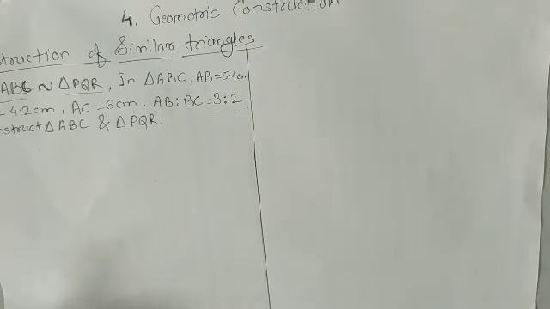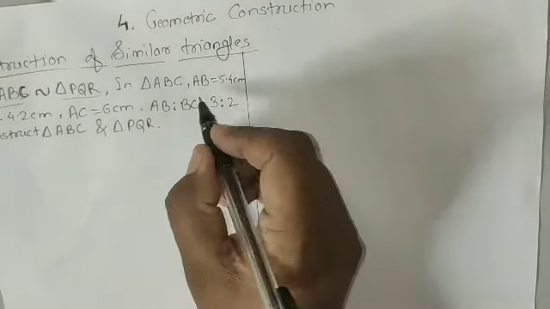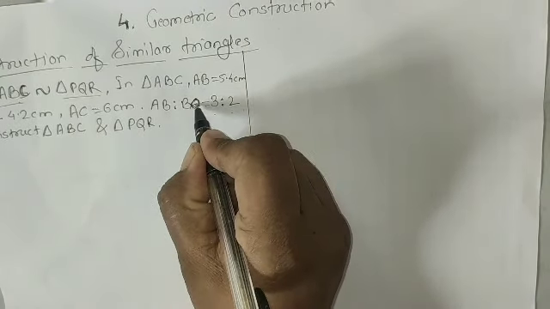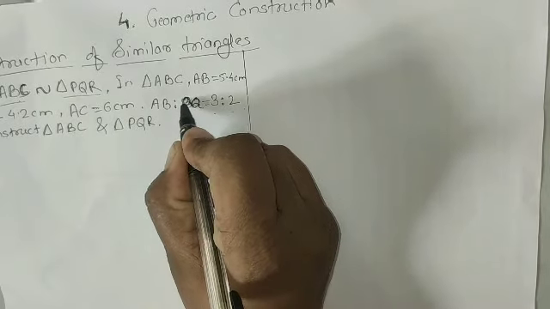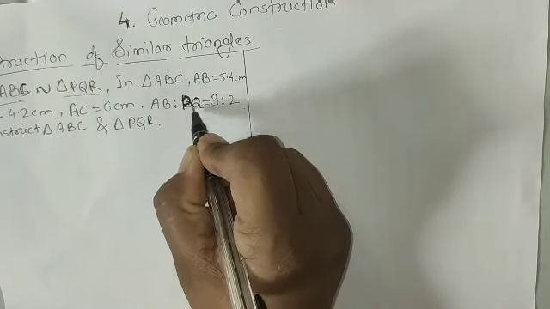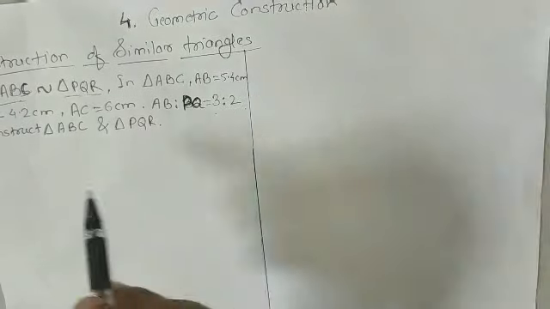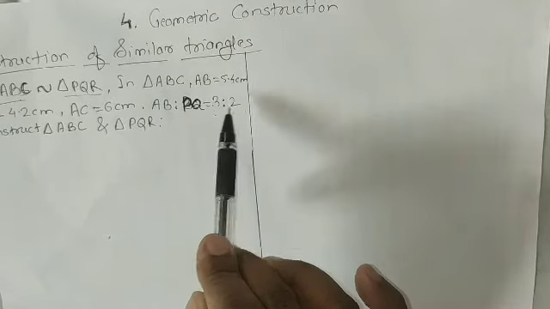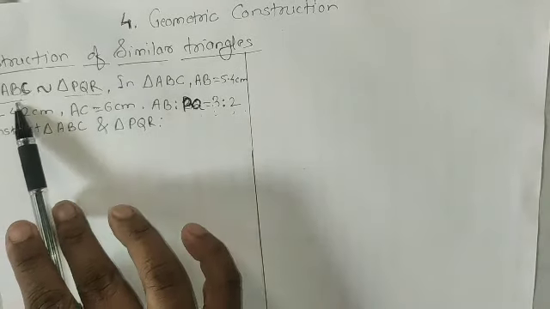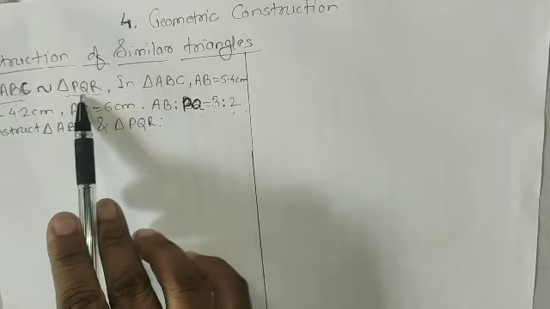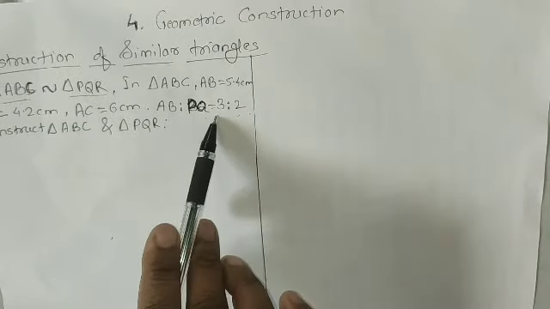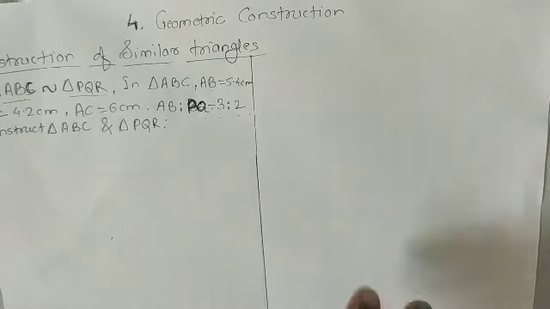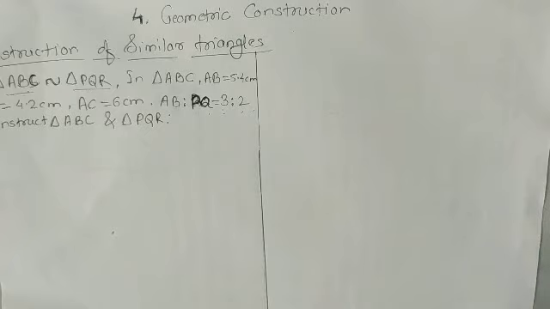Sorry, AB is to PQ is given here. My mistake. AB is to PQ. So AB is 3 and PQ is 2. From this we understand triangle ABC is bigger than triangle PQR because AB means 3 and PQ means 2. So that ratio is given.